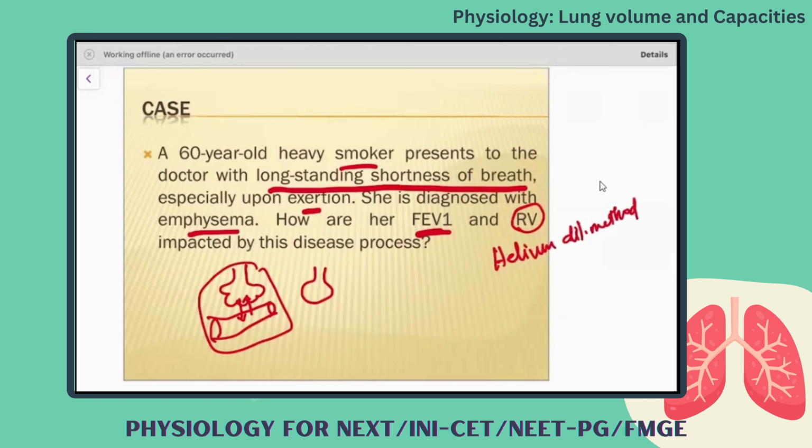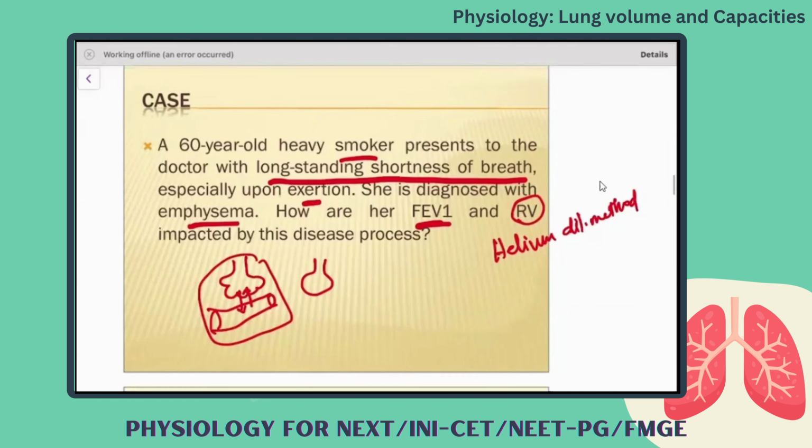The person is experiencing this in a chronic state. It is not a 1 or 2 days defect. Whenever he is doing exertion, he experiences difficulty in breathing for a longer duration of time.